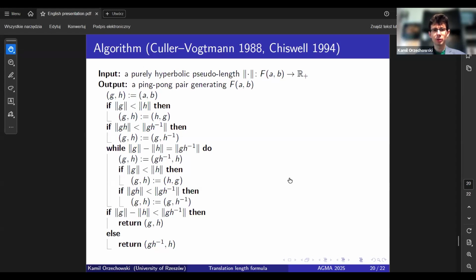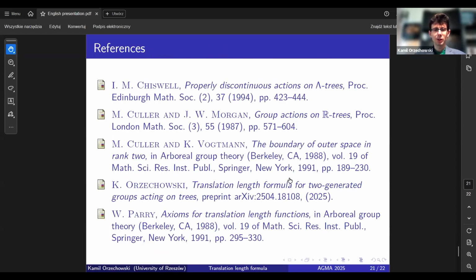This argument was geometric. There were geometrical parts and not combinatorial. I gave a combinatorial approach. There is a short list of references, general works, and my preprint on the translation length formula.